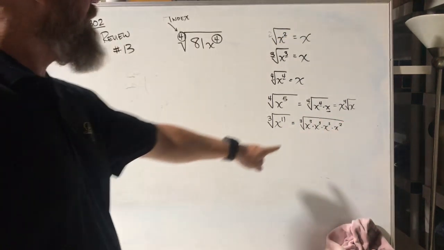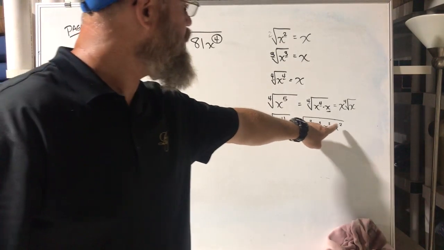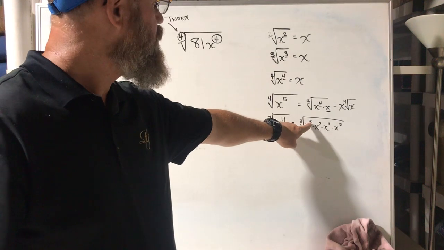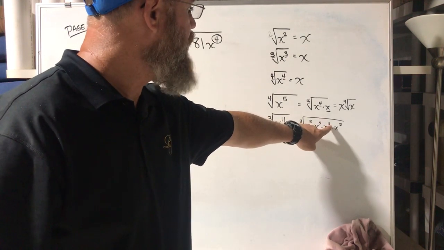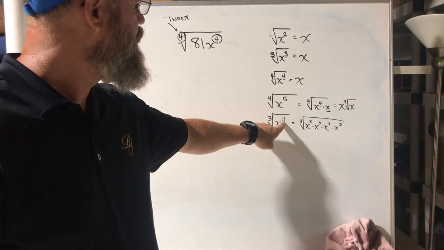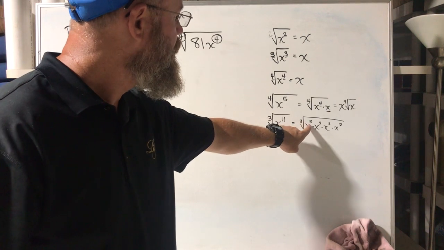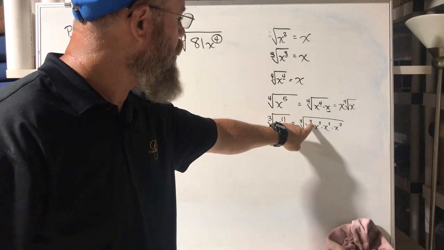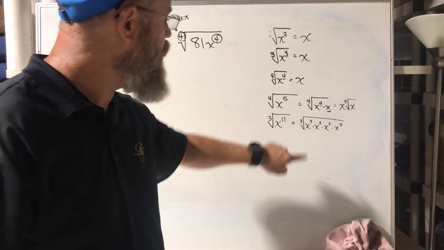If I multiply all of those, right? All you have to do is add the exponents. So the exponents would be 3 plus 3 is 6. 6 plus 3 is 9. 9 plus 2 is 11. Okay? And remember, if an index is the same as your exponent, I can pull the base out.